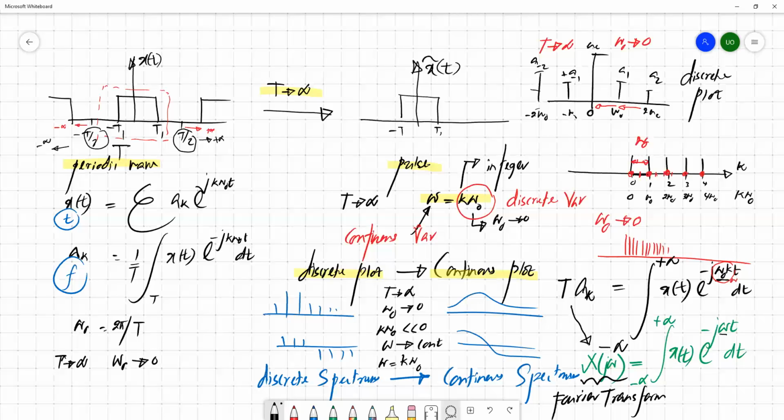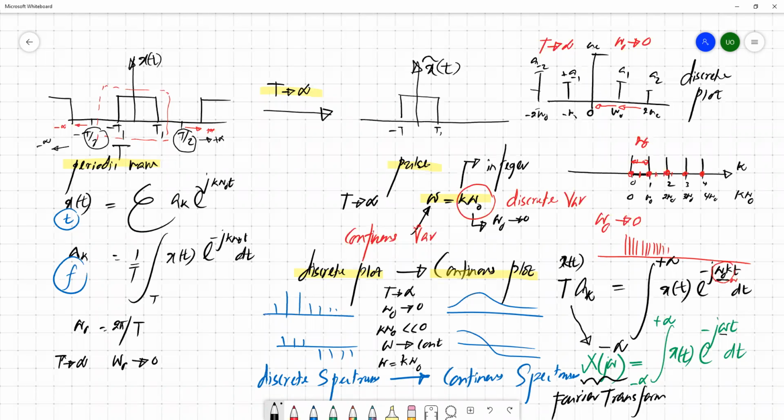So for this case, if your signal is x(t), the Fourier transform is basically capital X. Now this time domain quantity is represented by small x, and the domain is represented by this t, time. Once you convert it to frequency domain, it becomes capital X within bracket j omega.